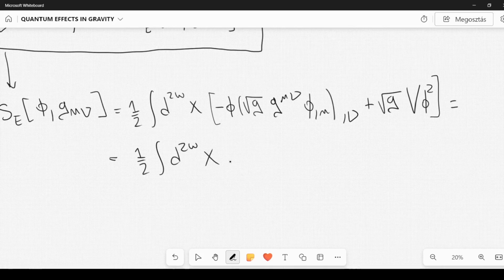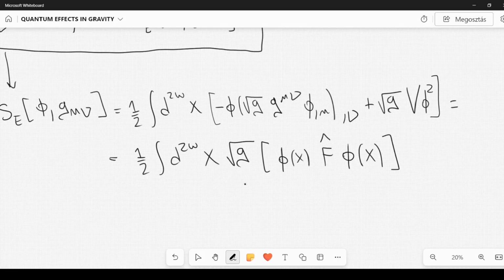In particular, we put square root of g, then we have φ(x), and we define an operator which we call F hat acting on φ(x), where F hat is equal to minus this D'Alembert operator, which is some covariant D'Alembert operator. It is also known as a covariant Laplace operator. I will write its expression in a moment. And then we also have plus the potential.